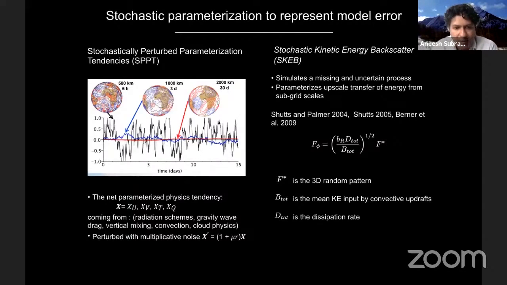So the way stochastic parameterization is represented in the forecasting system, and I don't have time to go into the details of this, but what's done is they take all the physics tendencies. Tendencies in a climate model are essentially, at every time step of the climate model, the solution that you get is the difference between this time step and the previous time step.